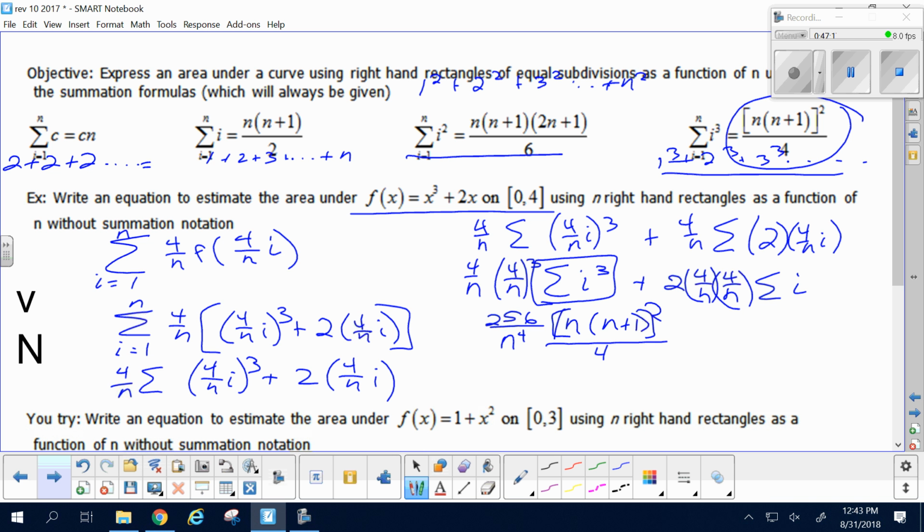You follow? At the other one, I got 32 over n squared times the formula, the formula from earlier, n times n plus 1 over 2.